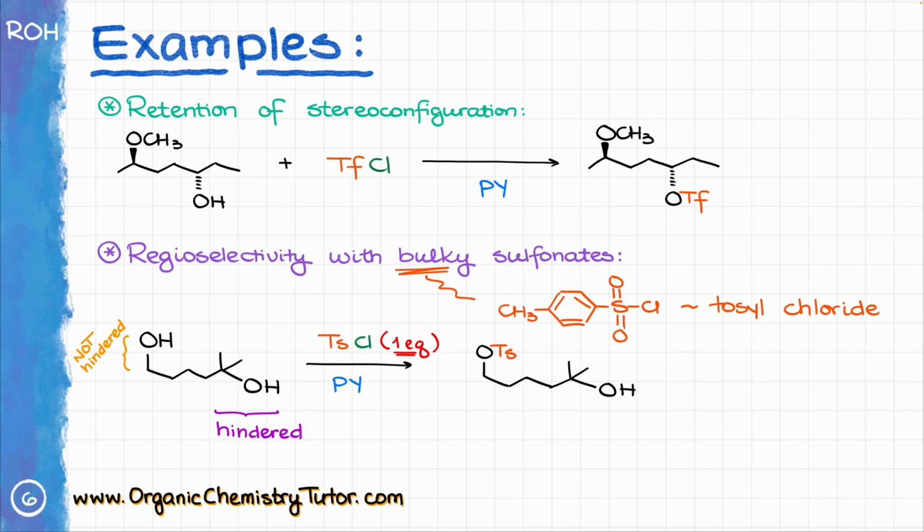This is a nifty way of how you can control which alcohol can be converted into a leaving group and then selectively replace it with whatever you need to replace it with. Unfortunately, there is no easy and direct way to make the most substituted alcohol into a leaving group while leaving everything else intact. Well, you could of course use protecting groups to accomplish something like that, but that's a topic for a whole other conversation.